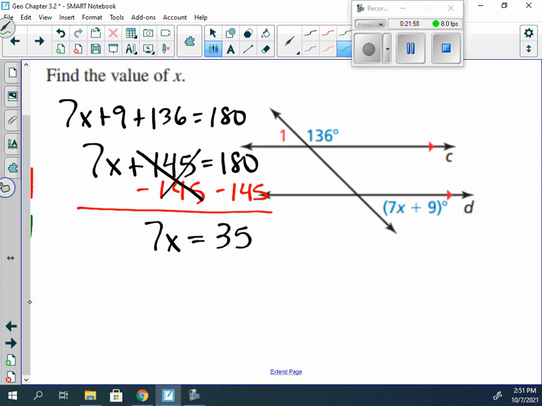And lastly, we divide both sides by 7, telling us x is equal to 5. Questions on this here?